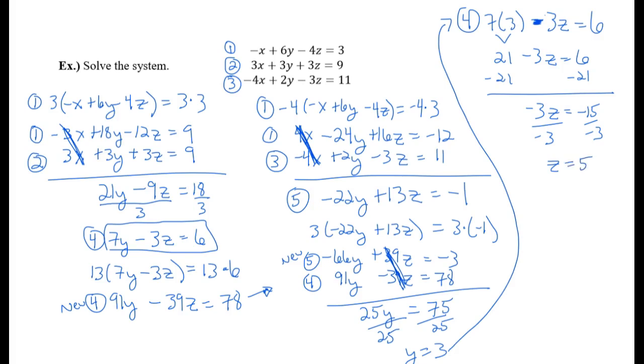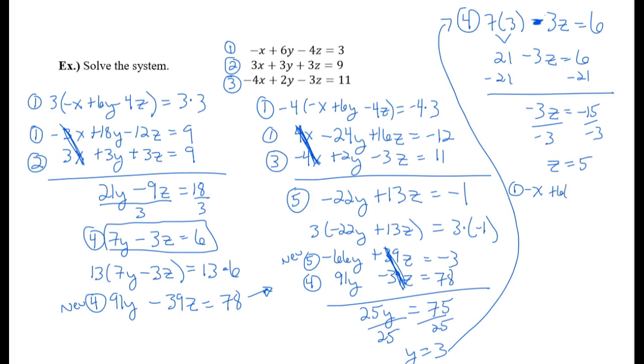Now I have 2/3 of my answer. I take y and z, and I can replace it into any of these 3 equations, right? 1, 2, or 3. I want to find x. I'm going to go ahead and choose equation 1 because it looks like the easiest as far as getting x alone. So in equation 1, I don't know x.